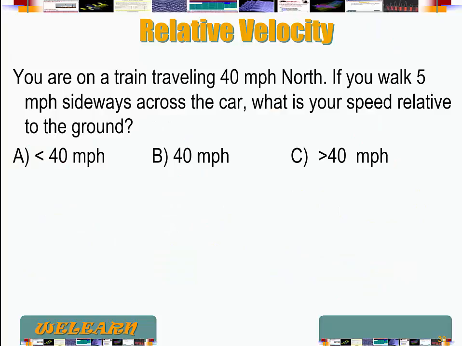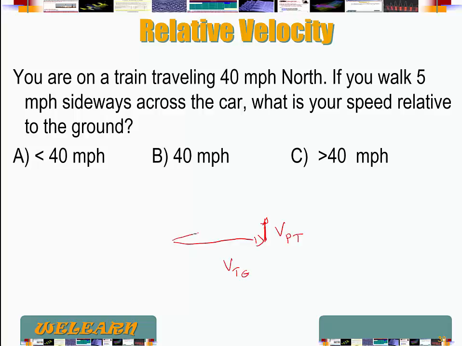Now when we come here, in this case, the train is still moving relative to the ground at 40 miles per hour. But you are moving perpendicular to it, sideways. This is your velocity relative to the train. We are going to apply the same rule.